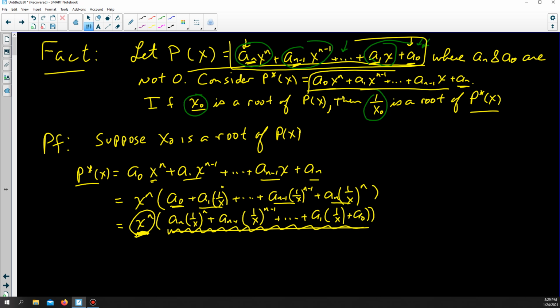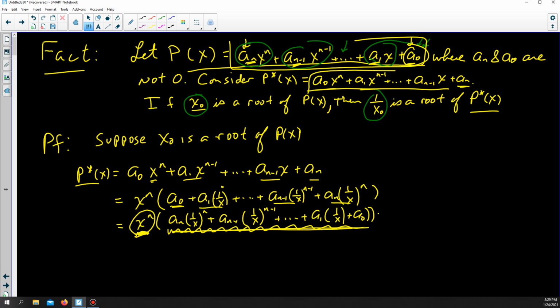And we're saying because a sub 0 is not 0, then 0 is not a root. Okay, so the root comes from here.